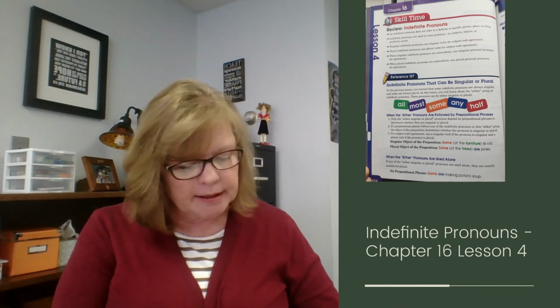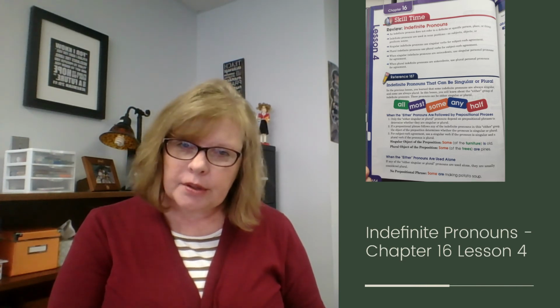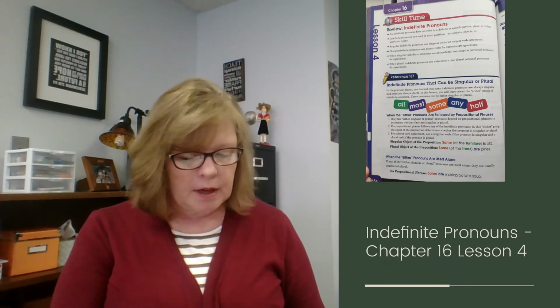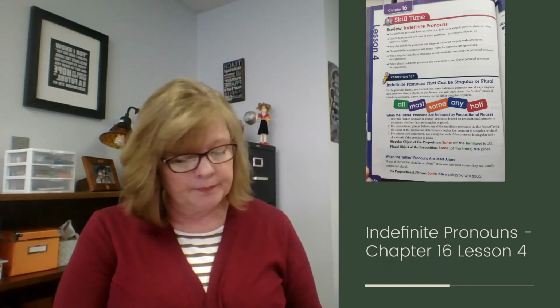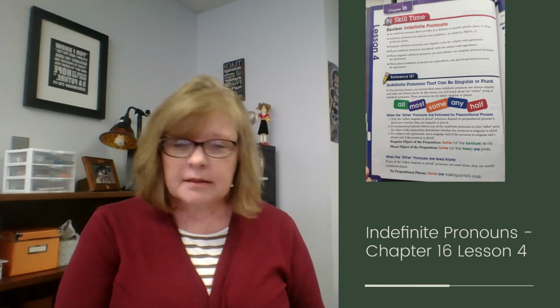Now let's do that together. Number 1, someone, singular or plural? Well, the one tells us it's singular. Number 2, both. Obviously, that one is plural. Number 3, anything, singular. Thing has no S at the end, so it's one.